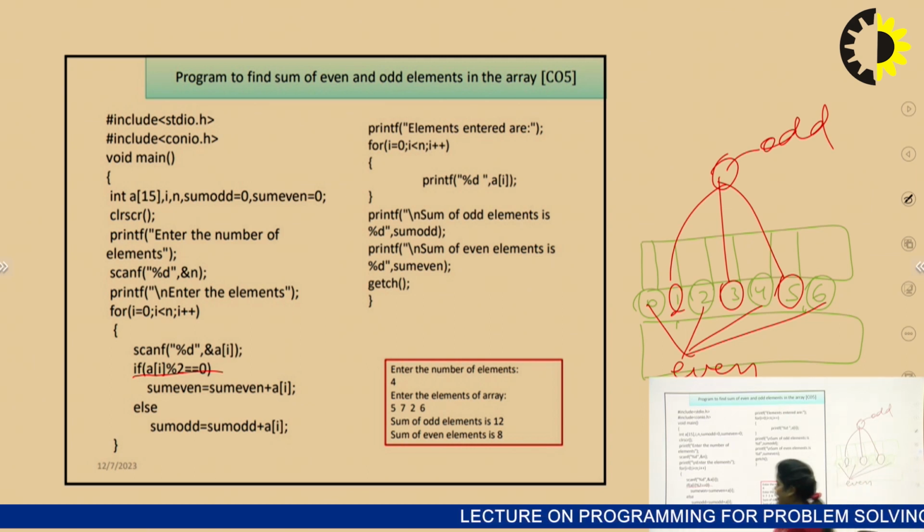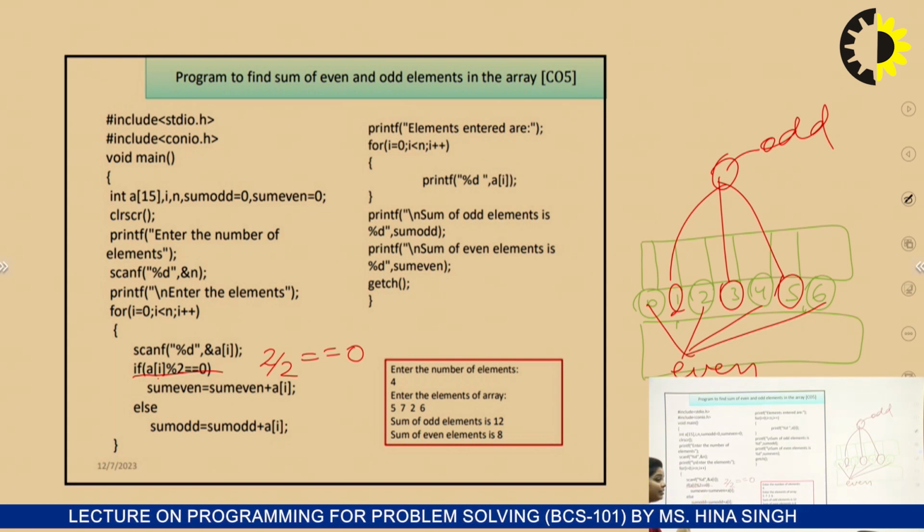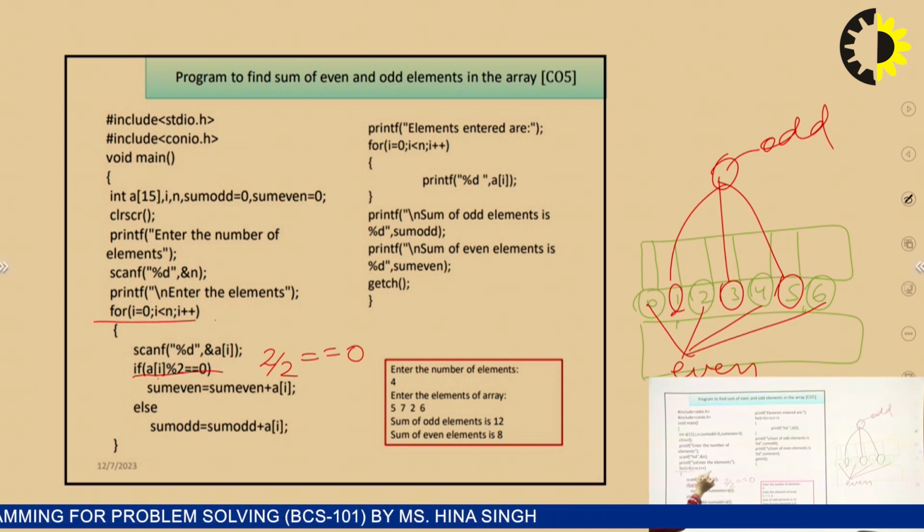Okay, you know that I am going to take the position. Now let's say 2, second position is there; the modulus 2, and if it comes equal to 0, then that particular number will be added to the sum of even, and again the loop will go on. With the help of this loop, it will trace all the elements till the end and see at what positions we are getting equal to 0.